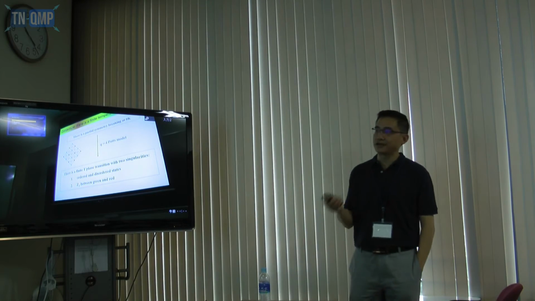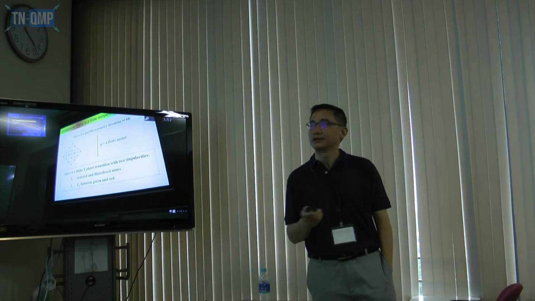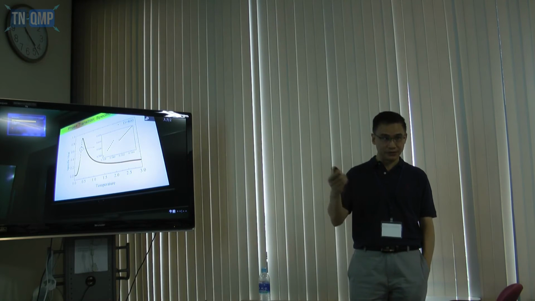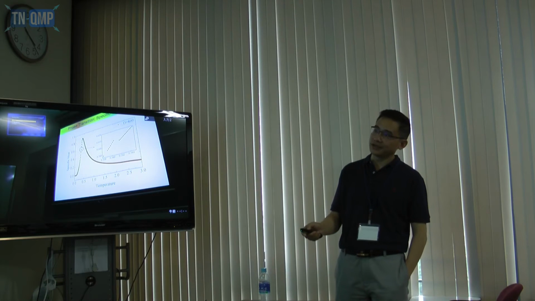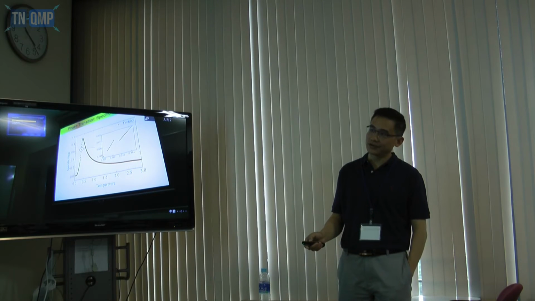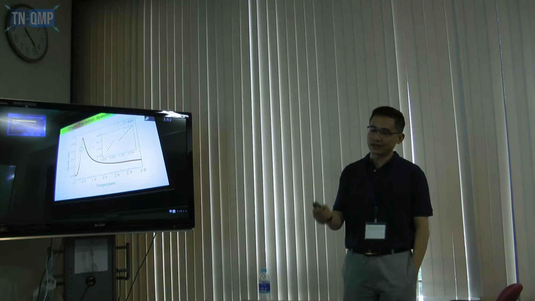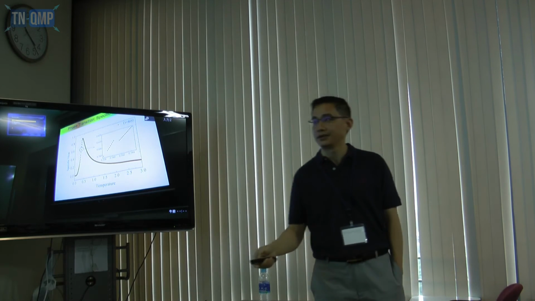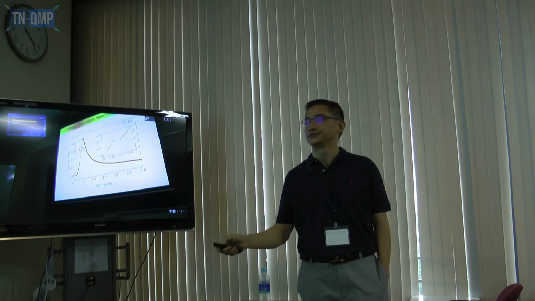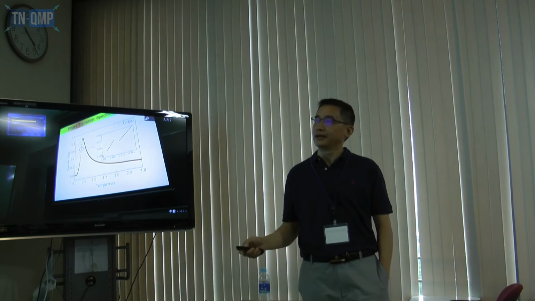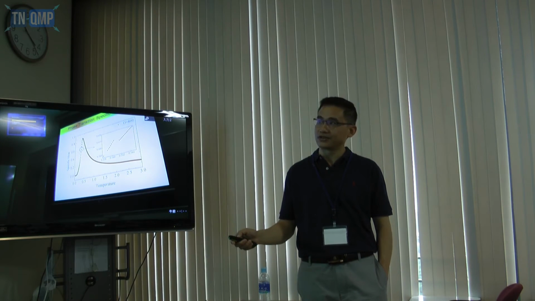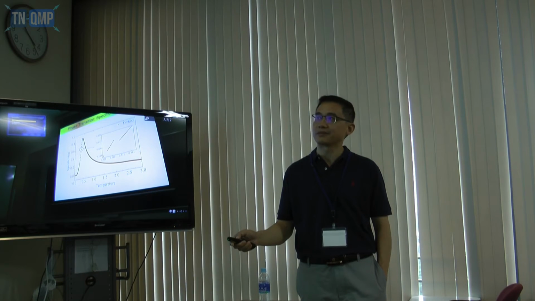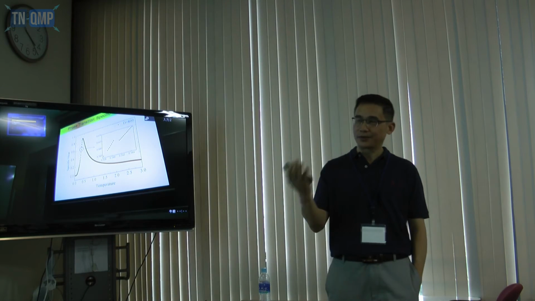Now we try to find these critical points using the method I introduced. We do the calculation for specific heat. When we first do the scan, of course the step is relatively big, so we cannot see any singularity. Then we concentrate on this point and do the calculation with more data.